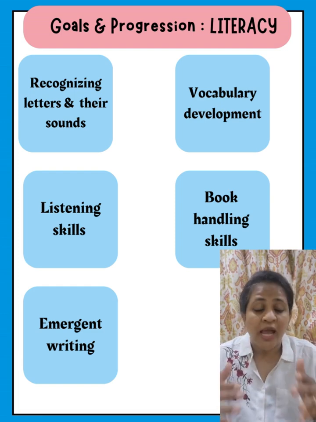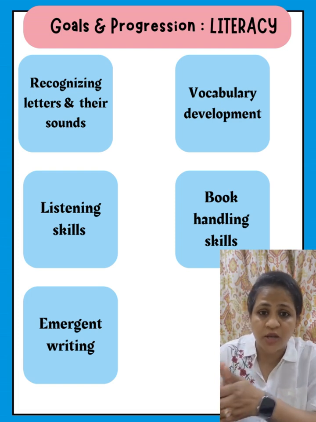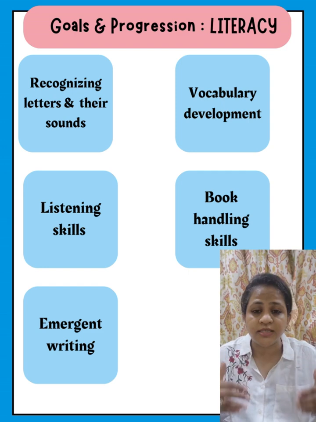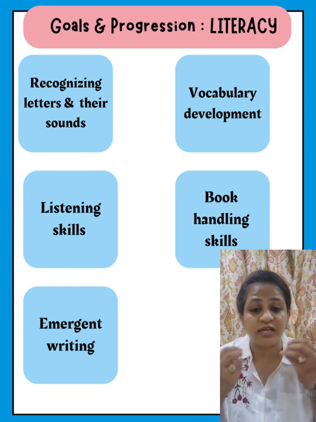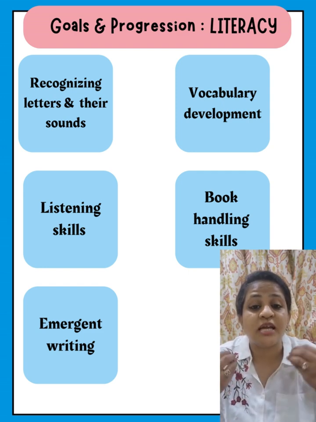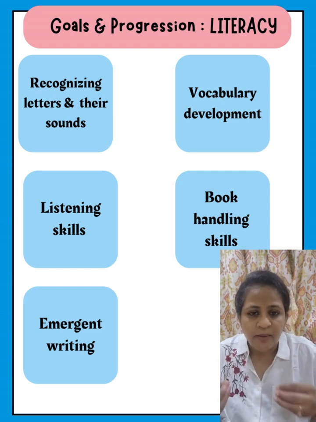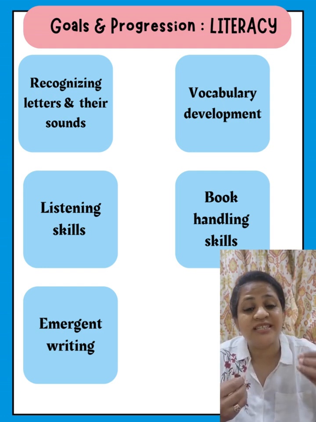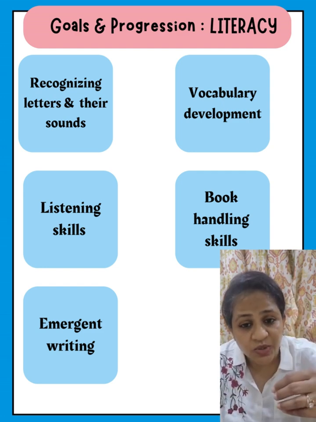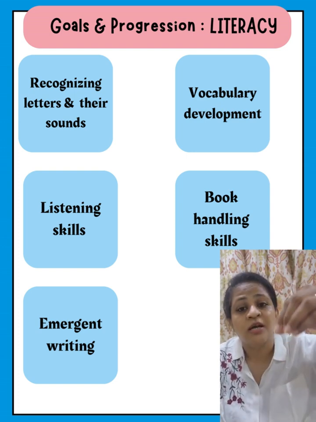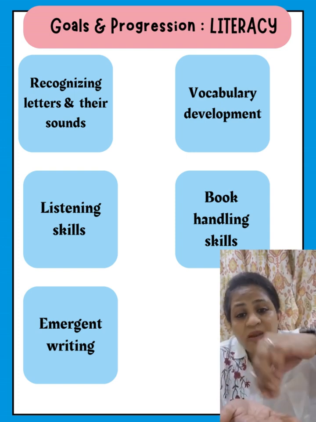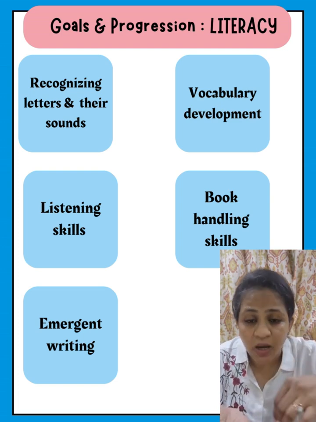And last but not the least, the literacy domain is incomplete without writing, but here we want emergent writing. Since it's play school, we want the children to get used to the habit: this is a crayon, we put it on the paper, and when we scribble, this is how it happens.